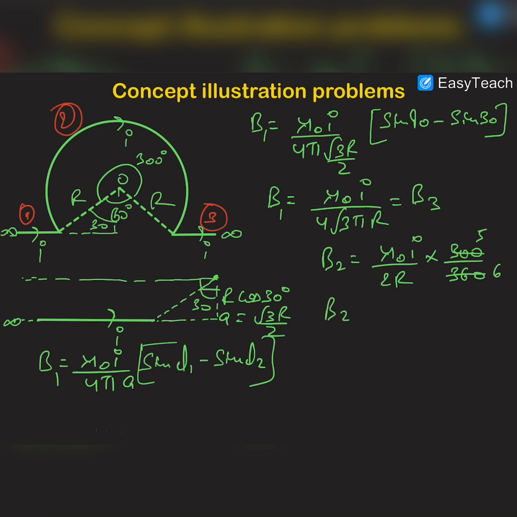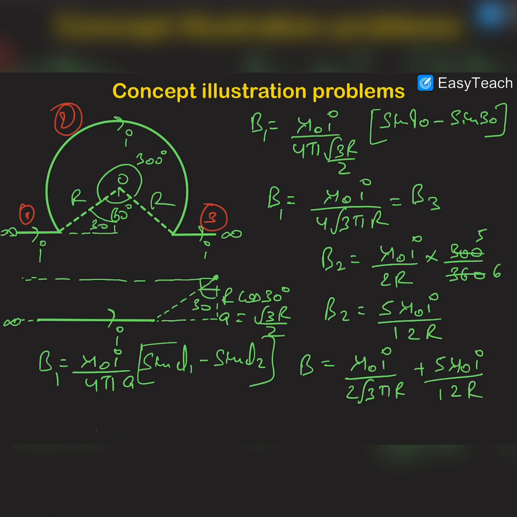So B2 will be equal to 5 mu naught I by 12r, and B net will be equal to the sum of all these three magnetic fields. So it would be mu naught I by 2 root 3 pi r plus 5 mu naught I by 12r.